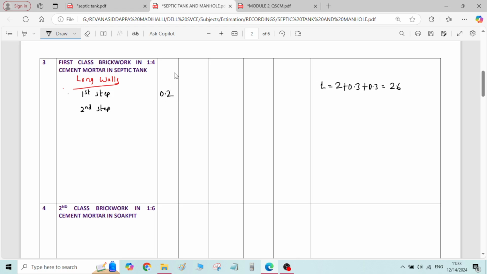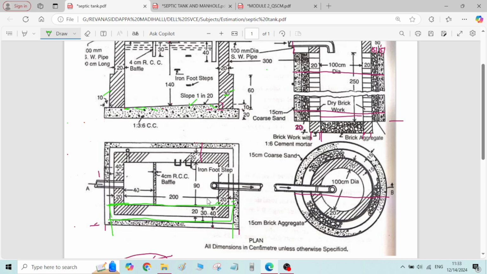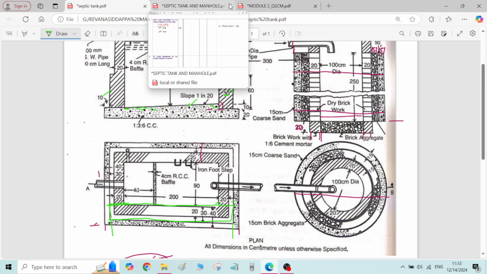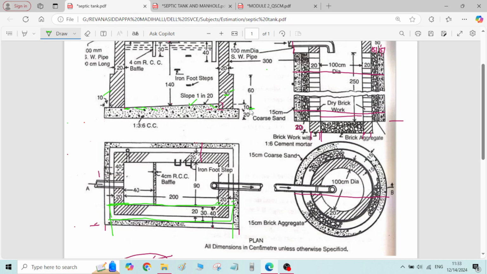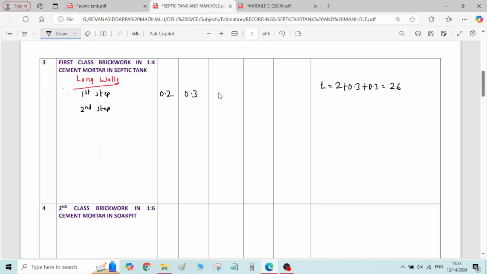Then what is the width of the first step? It is having 30 centimeter thickness. Width means breadth of the wall, 0.3 meter. Height of the step is clearly given in the diagram, 60 centimeter, 0.6 meter. Coming to the second step, just a minute.